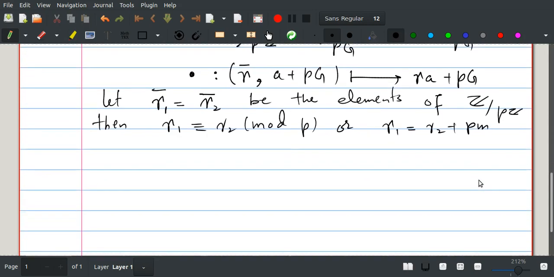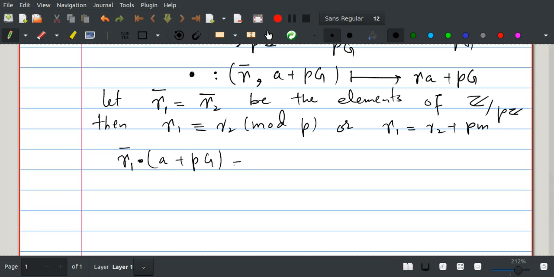Now we have to prove that R1 bar times A plus PG, this is the multiplication here, is R2 bar times A plus PG.